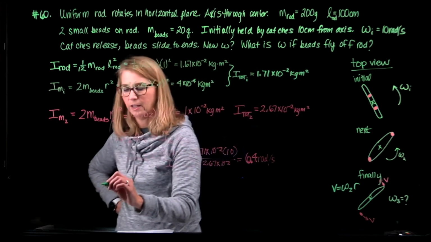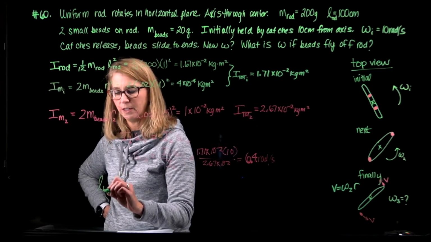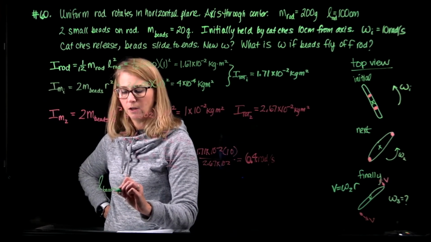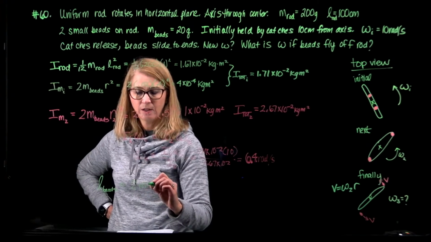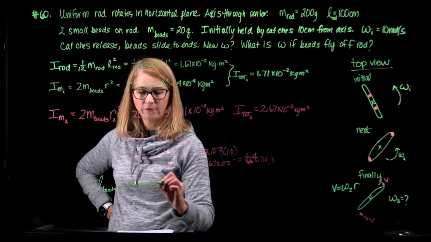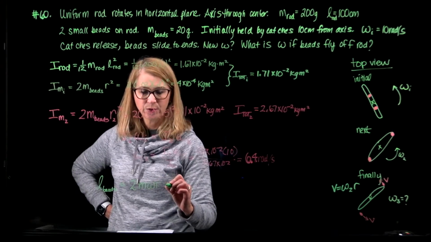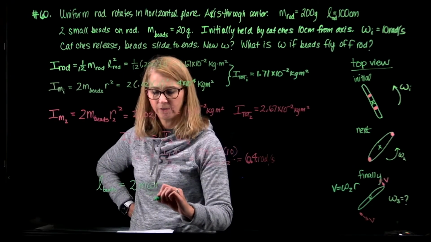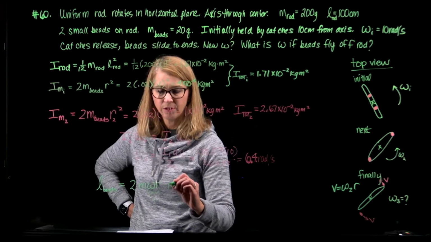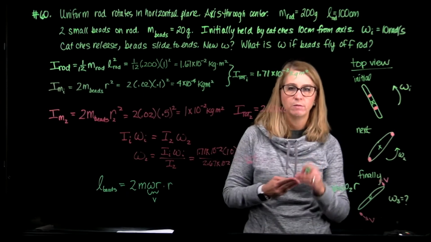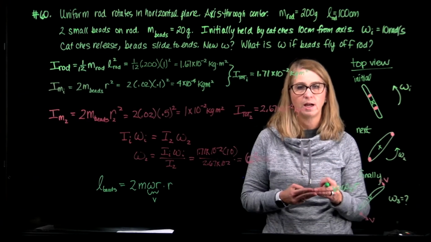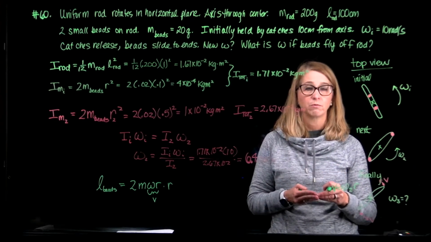So we're going to say that the angular momentum of the beads when they move off, there's two of them, times their mass, times their angular velocity times their radius, because this is their velocity, and then times another radius. So keep in mind that's just the mass times the velocity, which is the momentum, times the radius.